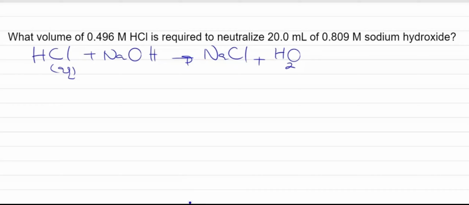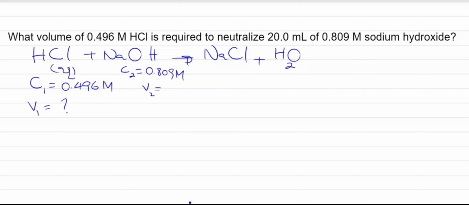Alright, so the next thing we do is C1, which is the first concentration, 0.496 M. V1 we don't know, we just want to find out. C2 has been given, and V2. So write down all the given variables, and the next thing you do is put a question mark on what the question is asking.